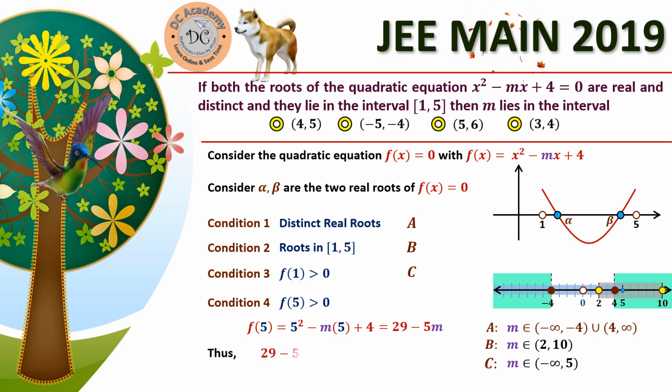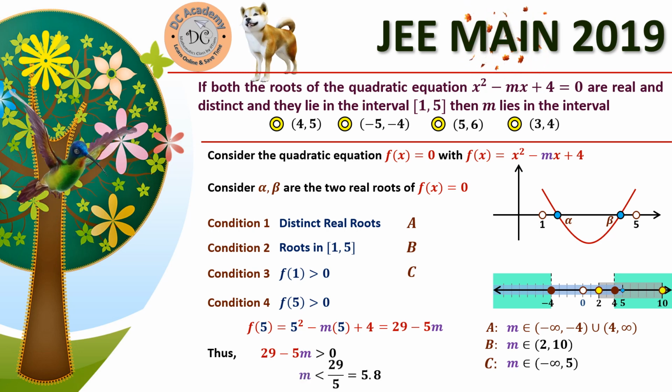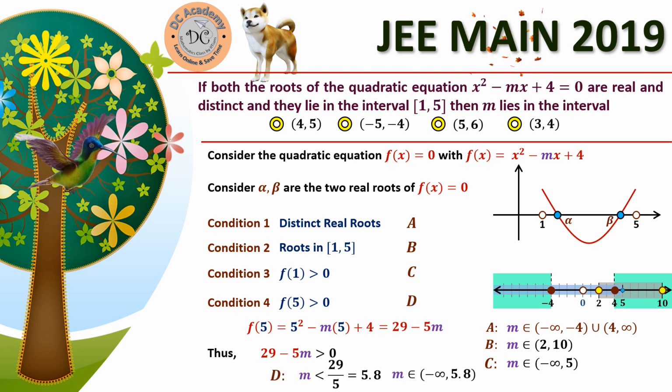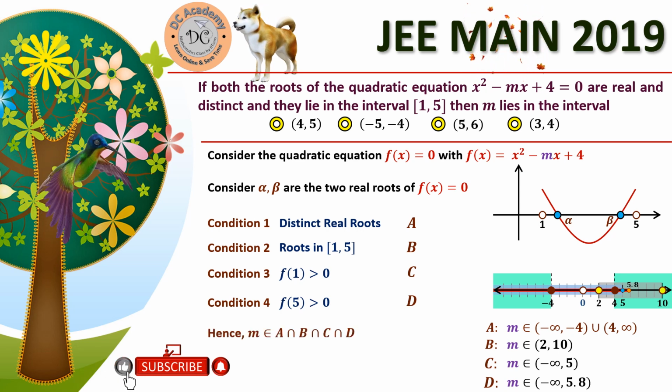Therefore m must be less than 29 by 5, which is equal to 5.8. So m belongs to minus infinity to 5.8. Now let's mark the point 5.8 and any values less than that, which is shaded in a reddish color. That gives us the requirement.